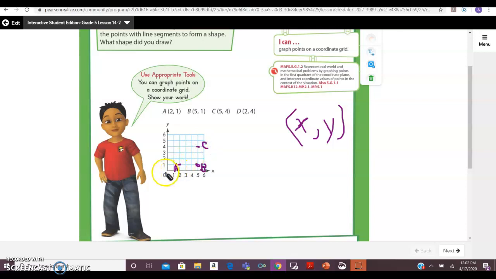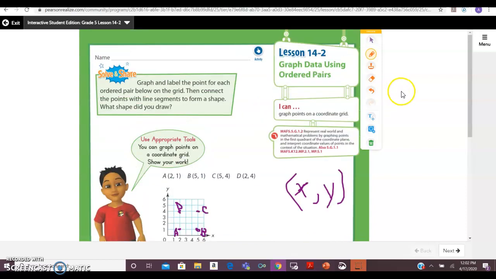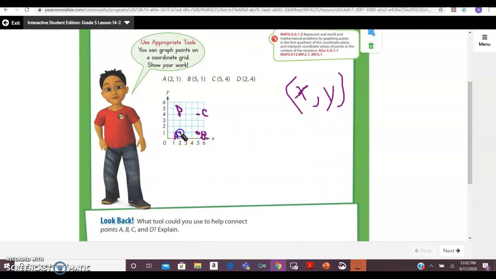And point D tells us to crawl 2, stand 4. The second part of the directions told us that we need to connect our lines. So I'm going to connect them, and we are connecting them using line segments.